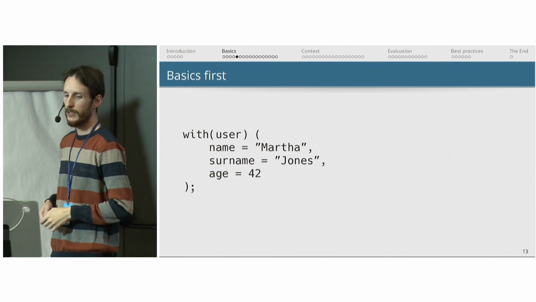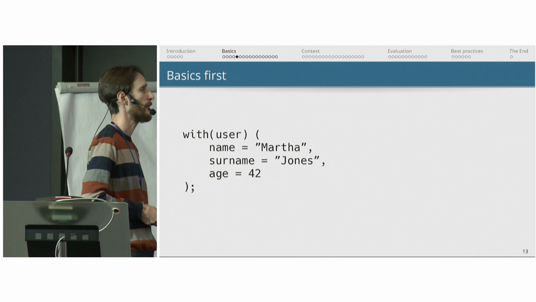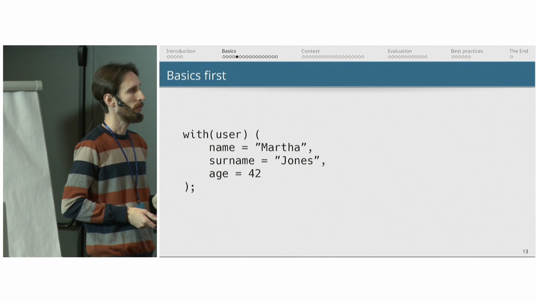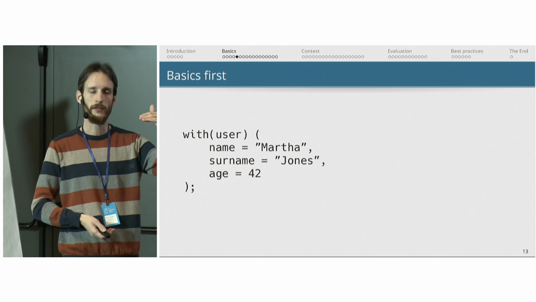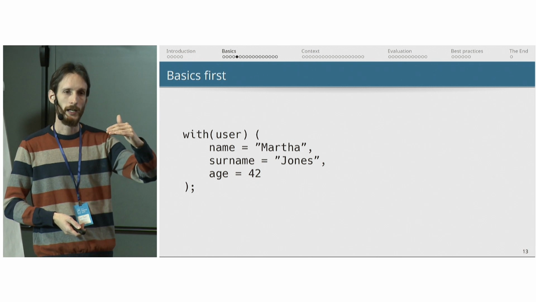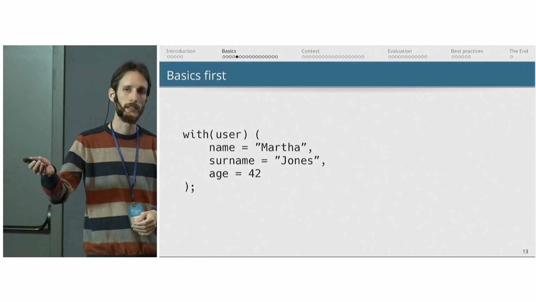Now, the next step is to analyze what's inside of the second pair of parentheses. We have name equals Martha, surname equals Jones. So we have a list of items that we need to update, and all of those update actions are defined by what we're updating and the new value that we want to assign.